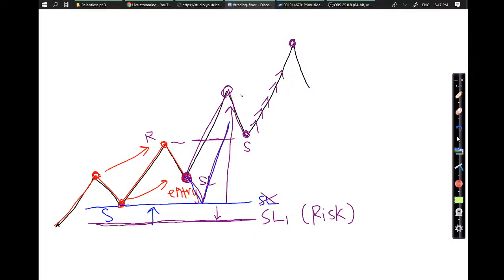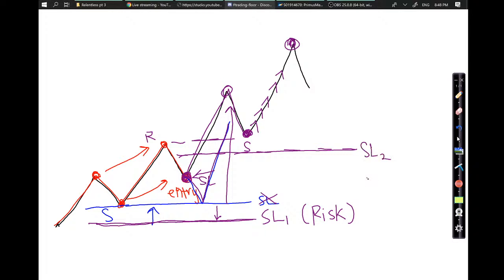After the stock moves up on the third wave, this is when I move my stop loss from SL1 to roughly a little below my second support zone. You don't want to move it here, for the same reason you don't put it here. You move it below this point again, and this becomes SL2.